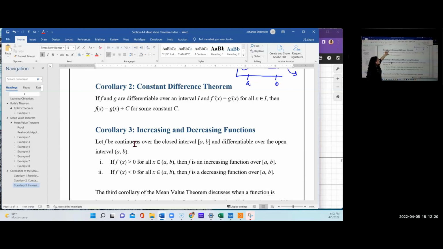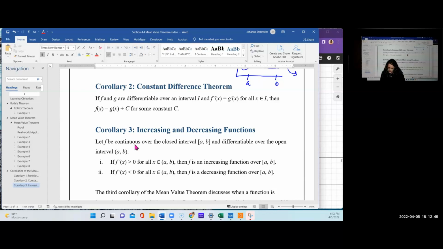All right, constant difference theorem. If f and g are both differentiable over an interval I, and their derivatives are equal to each other over all the x values in the interval, so not the functions, but the derivatives are equal, then the functions themselves can only differ by a constant. That's it.